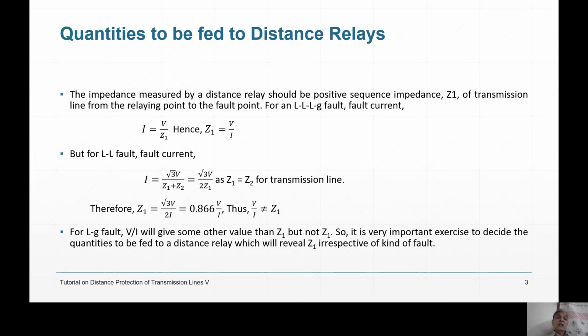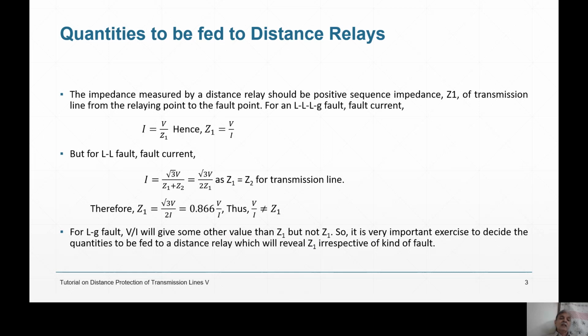For LL fault, the current is root 3 V divided by Z1 plus Z2. And Z1 and Z2 are equal for transmission lines and transformers, for all static equipment. So I is equal to root 3 V by 2 Z1.